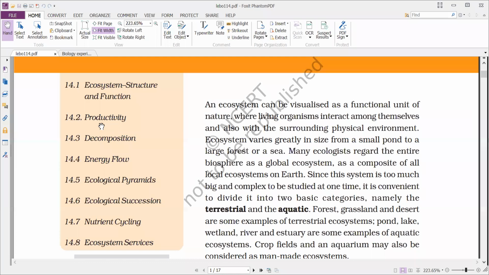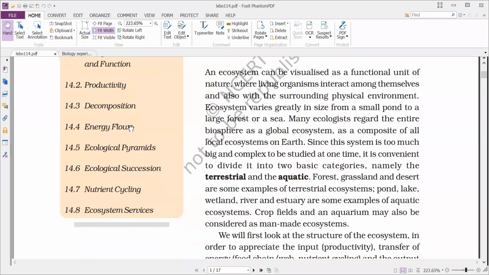And next, we'll discuss productivity, primary and secondary productivity. What is gross primary productivity? What is net primary productivity? What is net secondary productivity and what is gross secondary productivity?